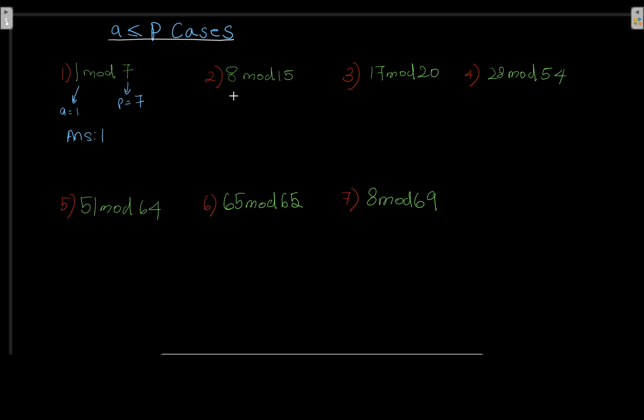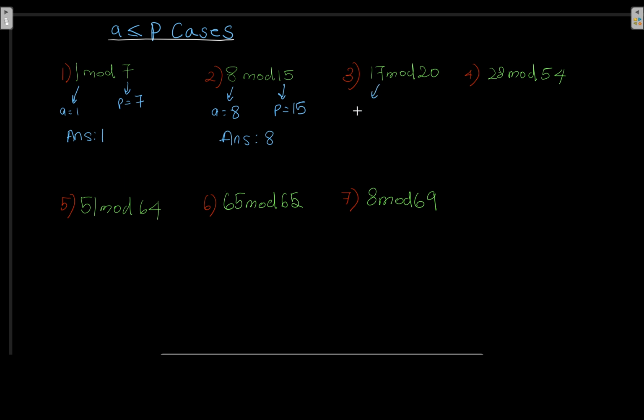In the second question, the value of A is 8 and the value of P is 15. A is lesser than P, so the answer is just 8. We can solve questions 3, 4, 5, 6 and 7 similar to questions 1 and 2.